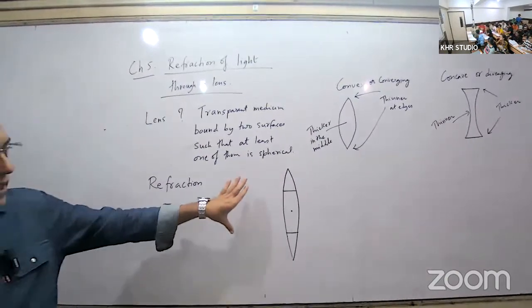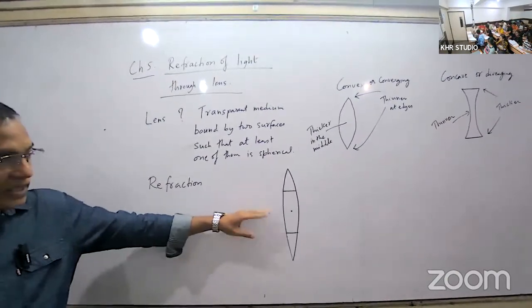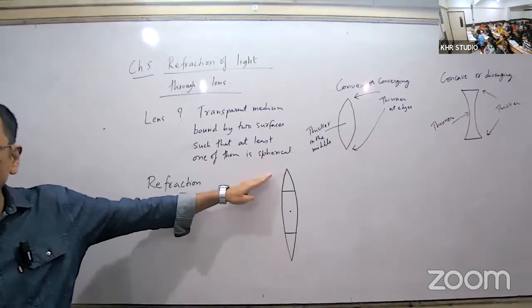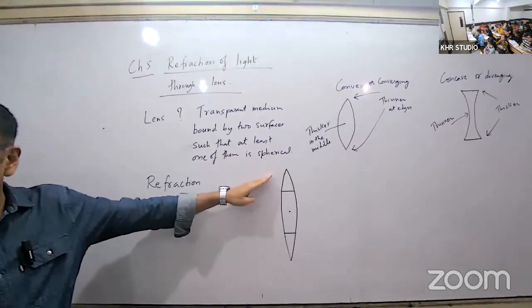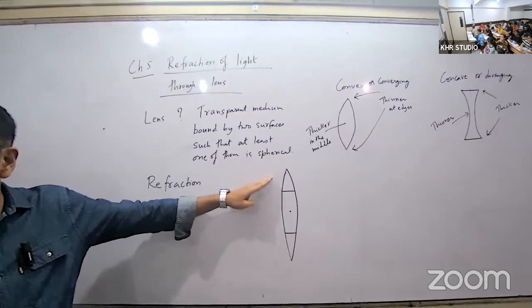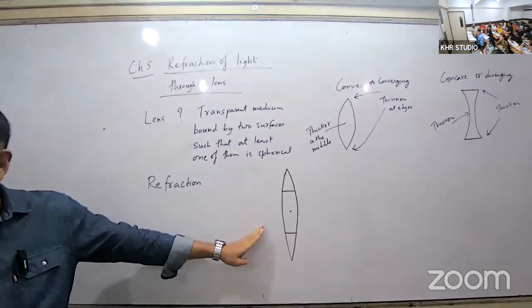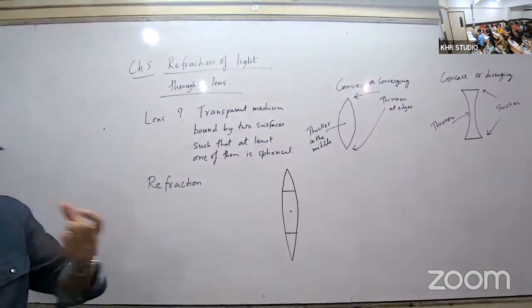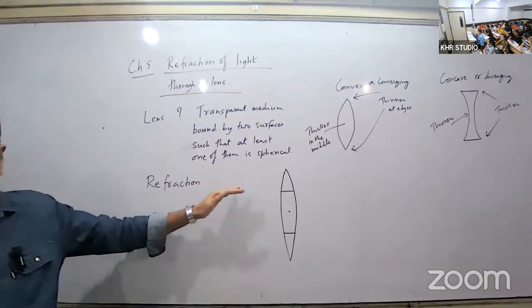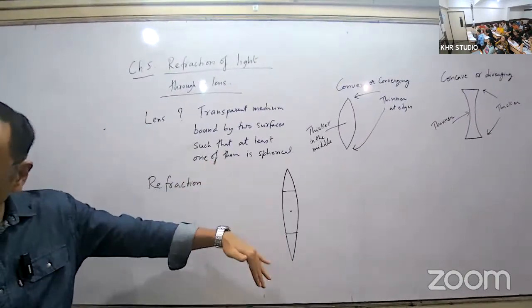So you can see that the lens can be thought of as made up of two prisms, not pyramids, prisms, and a rectangular glass slab. And you know what happens when light enters through a prism? It bends towards the base.